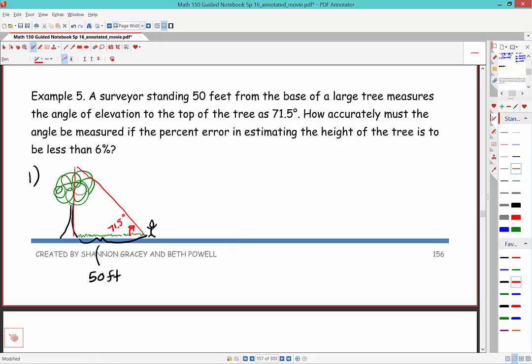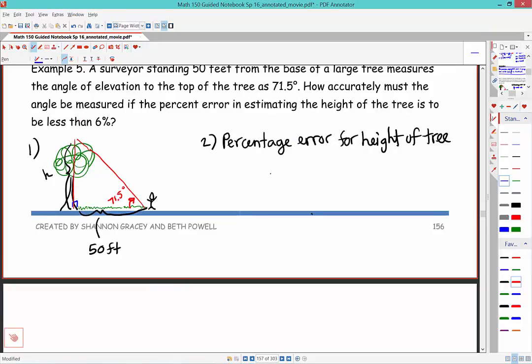So now we need to take a look, and we need to not only find our form, find the differentials, because we weren't given the measurement error. What were we given? Let's think about what we were given. Good. So this would be the height of the tree. And so dH over H times 100% is equal to our percentage error.